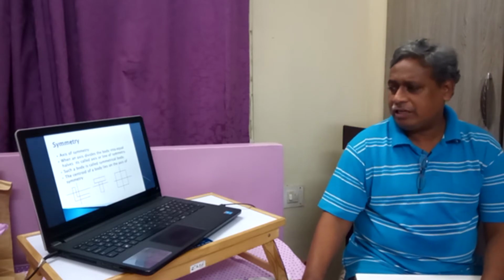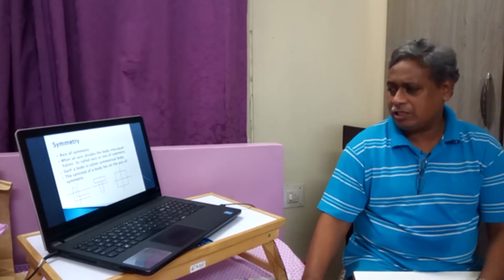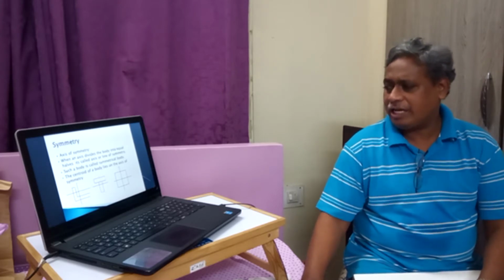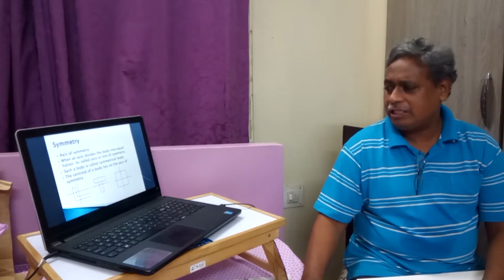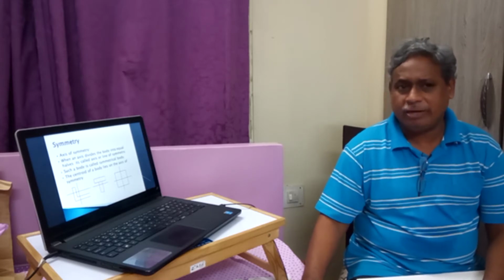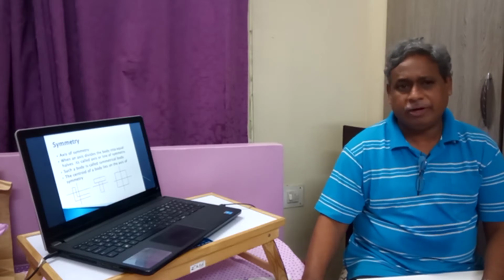In the case of a rectangle, there are two axes. One is the y axis, which divides it into b by 2 and b by 2, and the x axis, which divides the rectangle into d by 2 and d by 2. Therefore, the centroid lies at b by 2 and d by 2.